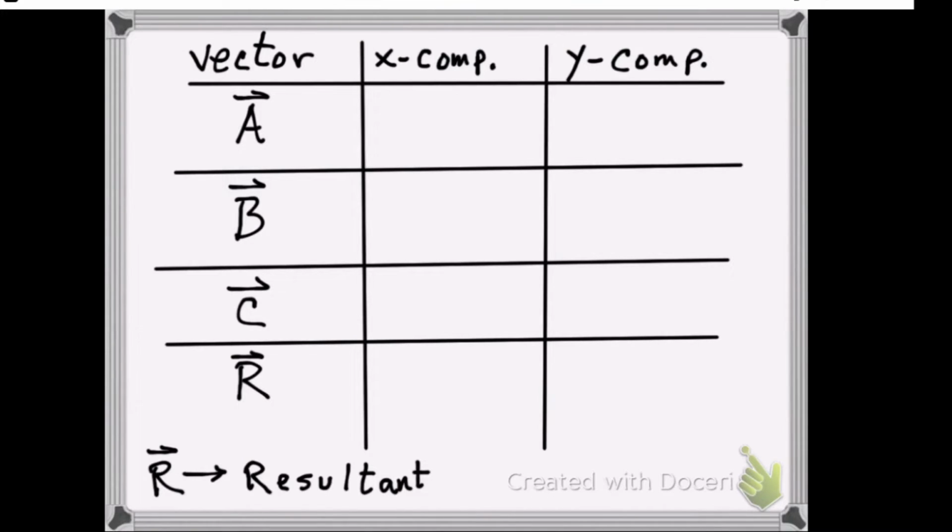Or in other words, it's the result of what we get when we add these 3 vectors together. Okay, and so we're going to see what these turn into.